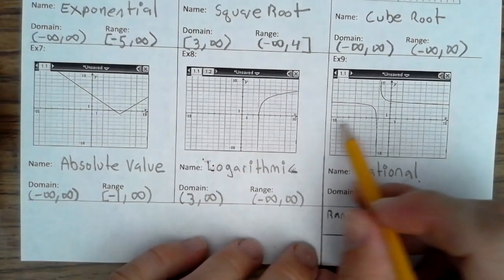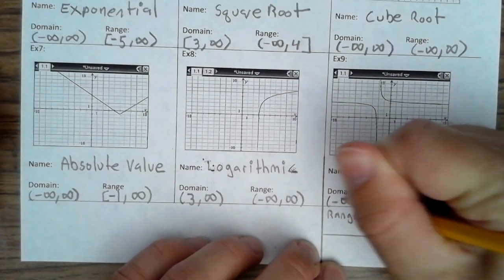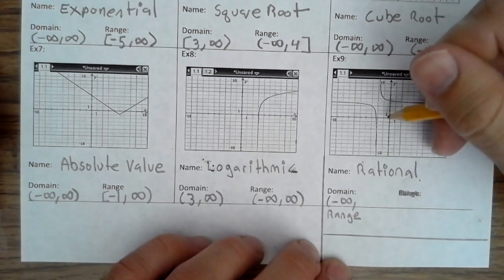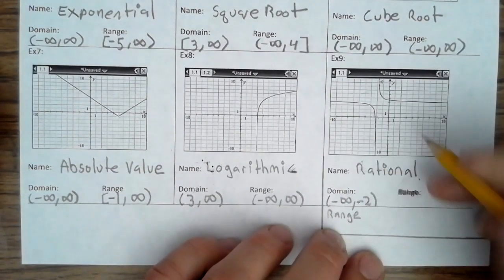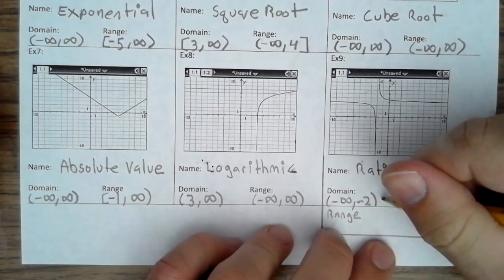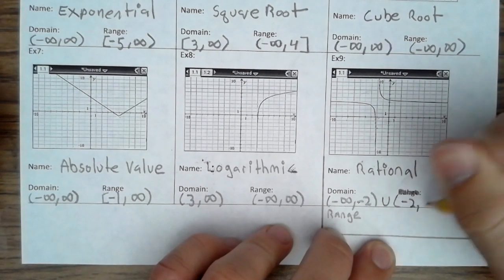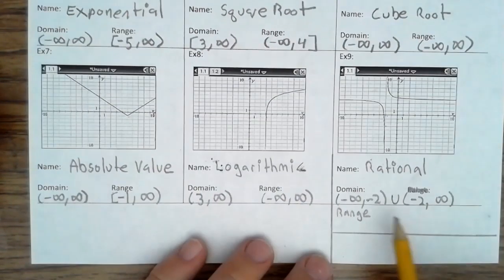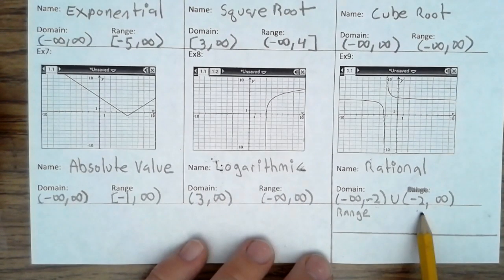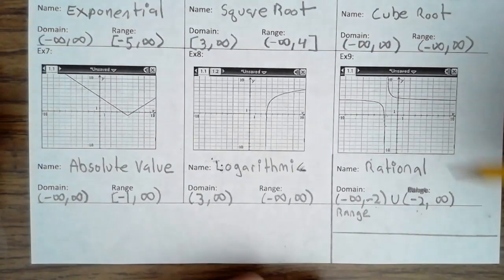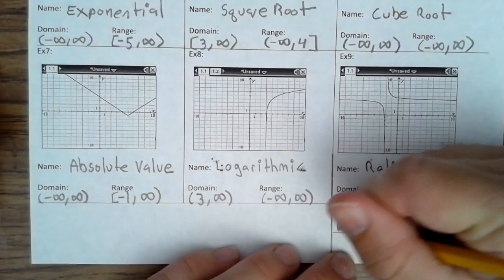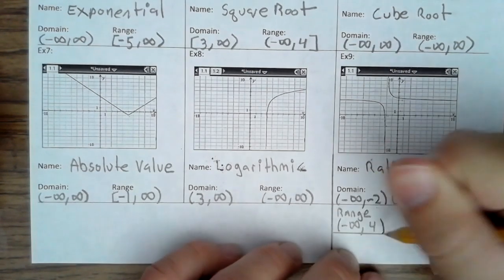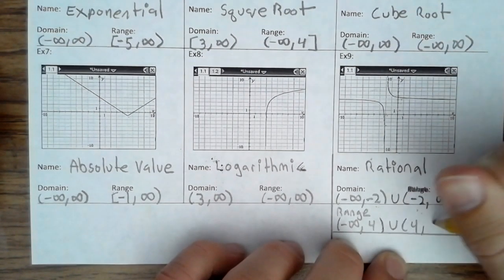Okay, domain, we're going from negative infinity to, it looks like our hole is at -2. So it's going from negative infinity to -2, or from -2 to infinity. And basically that's saying there's a hole at -2, okay? Now range, it looks like we're going from negative infinity to 4, or 4 to infinity.